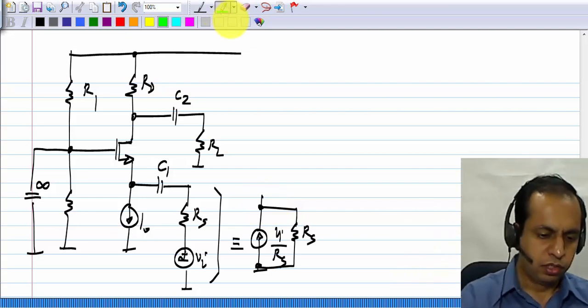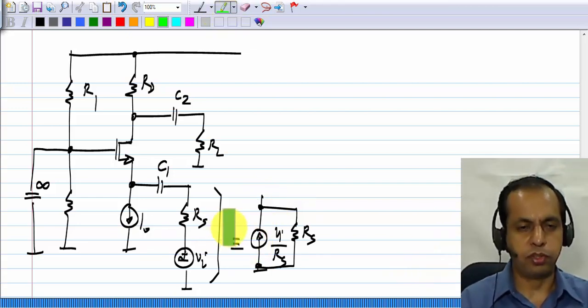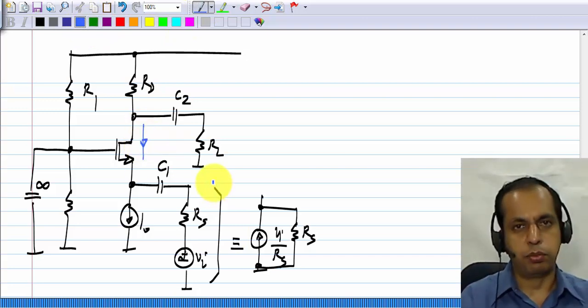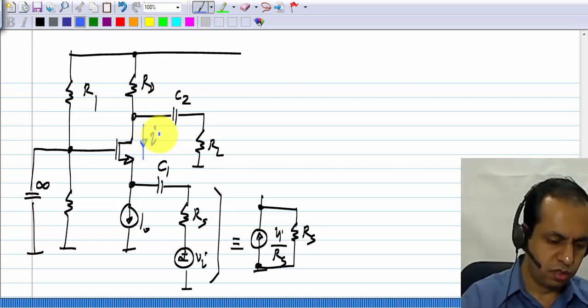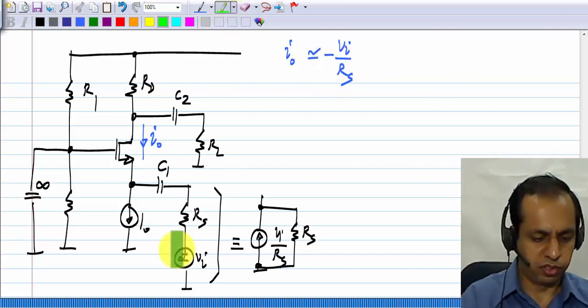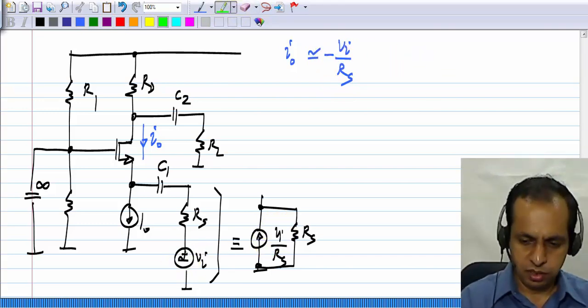Okay, so it behaves in exactly the same way as before, and this current here is approximately equal to VI by RS, or rather minus VI by RS, because the polarity of this is reversed.